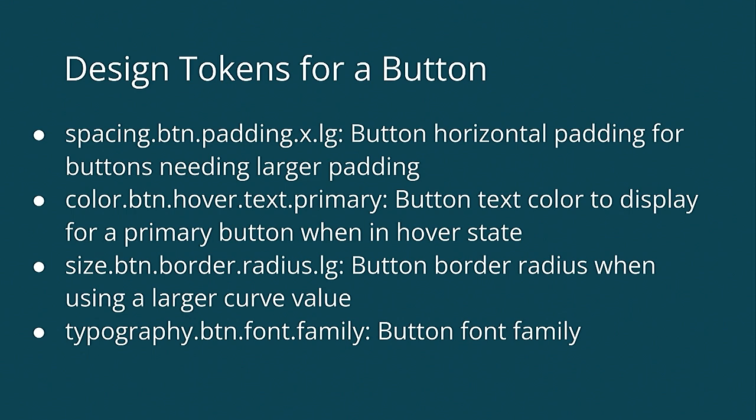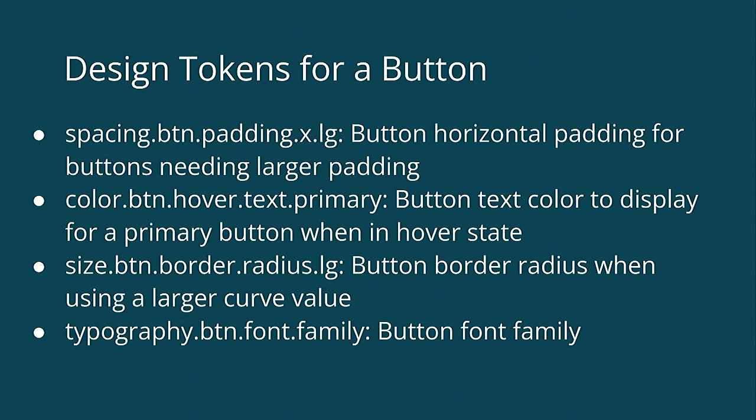You can have variants of the button: a primary button, a secondary button, a large button, a small button. Each aspect of those is like a small design decision that all come together. If you have a variable for each one of those design decisions, or design tokens, you can completely modify the UI through just changing some of these variables. So here are a few variables that are related to a button.